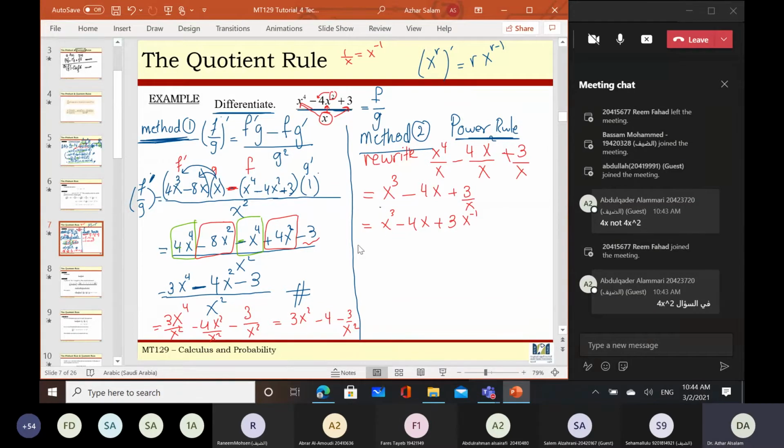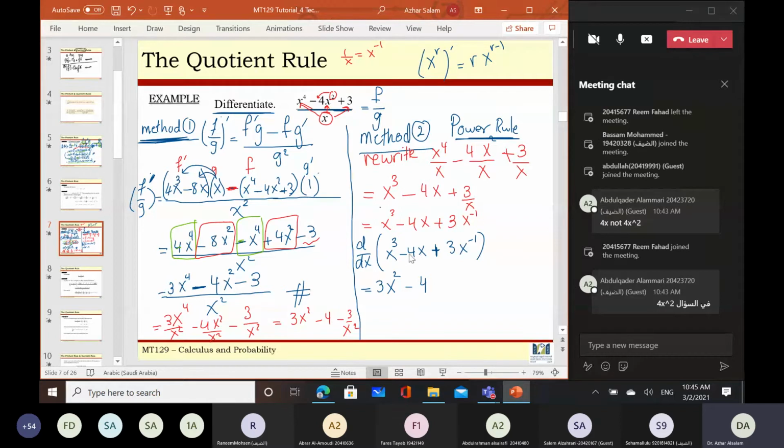Now I will take the derivative d by dx for the new function, okay? I rewrite the function. Now I can differentiate this function plus 3 multiplied by x to the power minus 1 equals to. هنا أشتق بشكل عادي كأنها مشتقة القوى، كأنها كثيرة حدود. It will be 3x to the power 2 and it will be the same of the first part here minus 4x مشتقتها فقط الأربعة لأن مشتقة الإكس هي 1.